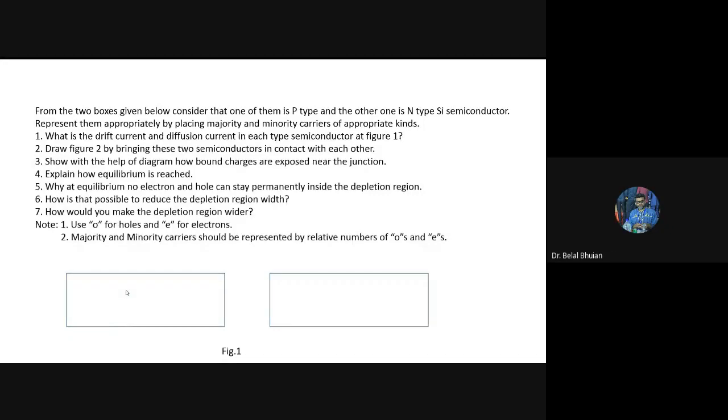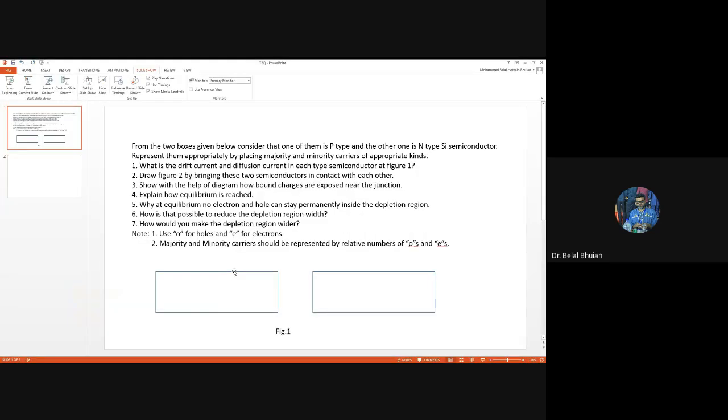And question 2: draw figure 2 by bringing these two semiconductors in contact with each other. So let's draw it this way simply.